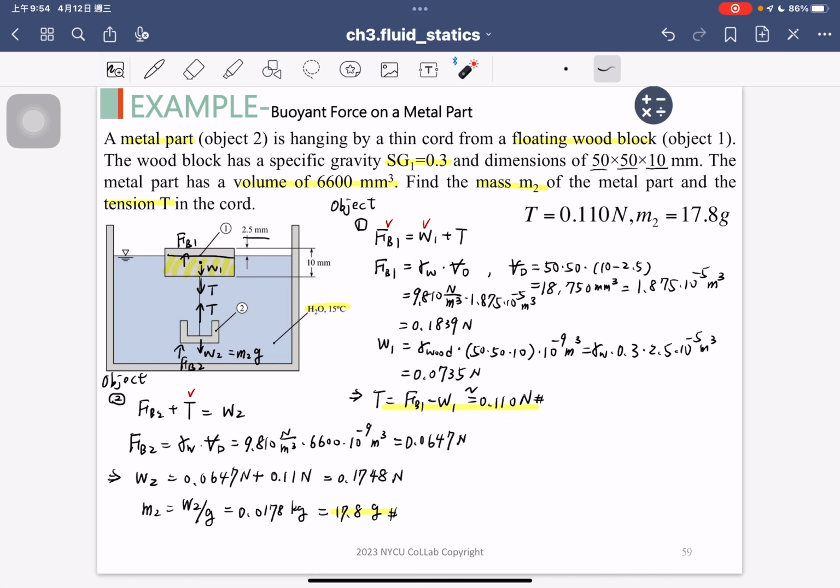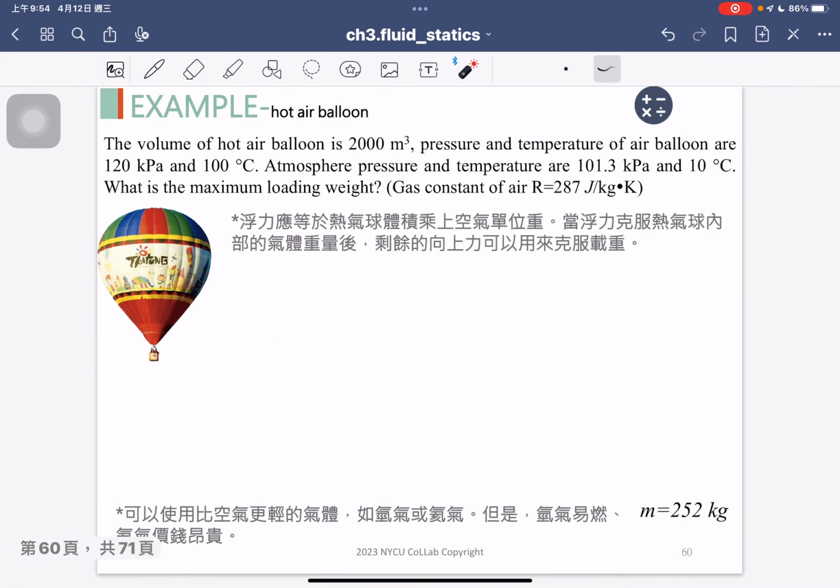Okay, and then we have the second exercise, and maybe we can finish this exercise, and then we have a 5 minute break. This exercise is a very common idea because we have hot air. We have a hot air balloon, and we know the volume of the balloon is 2,000 cubic meters.